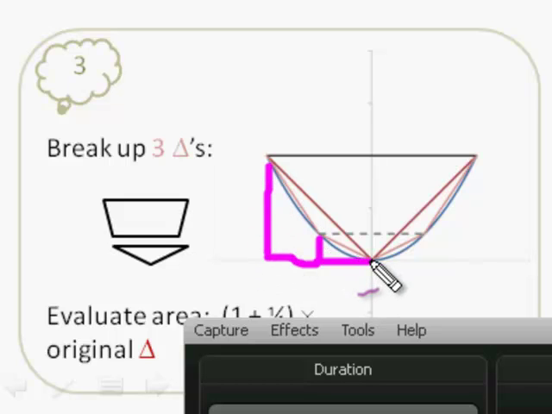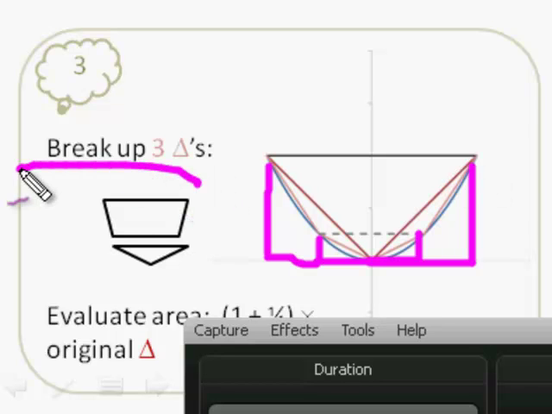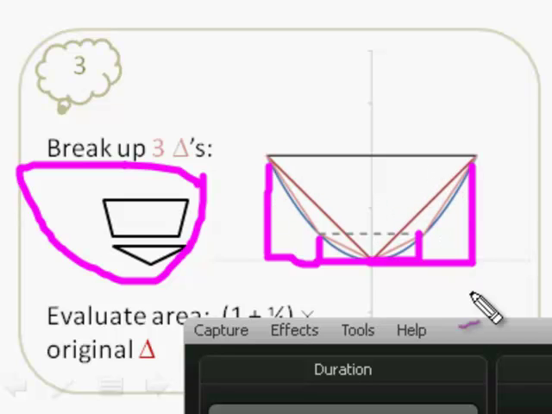If I go from the vertex out to a certain distance, I'm going to go up a certain distance. If I go from the vertex out to twice that distance, I'm going to go up 4 times as far. You can actually use those facts, taking advantage of this breakup, to show that the pentagon has 1 1/4 times the area of the triangle. Now that's kind of a key step in the proof.